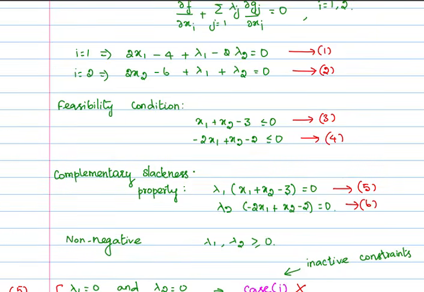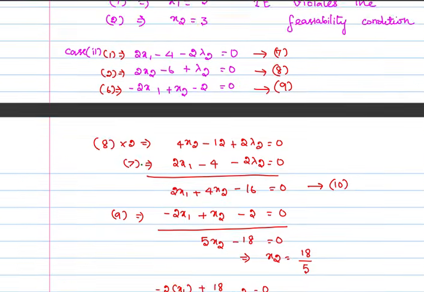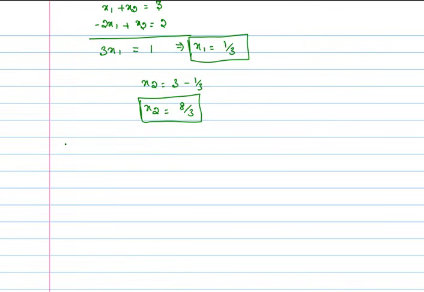Now from equation number 1, you can find the lambda 1 and lambda 2 values. x1 is 1 by 3. So equation number 1 implies 2 times x1, so 2 divided by 3 minus 4 plus lambda 1 minus 2 times lambda 2 equal to 0. So this implies lambda 1 minus 2 times lambda 2 equal to 10 divided by 3.